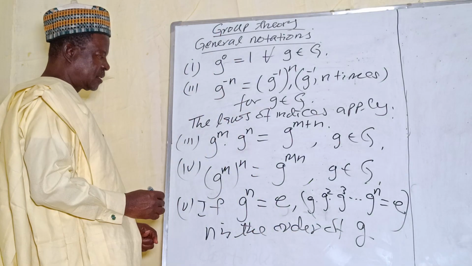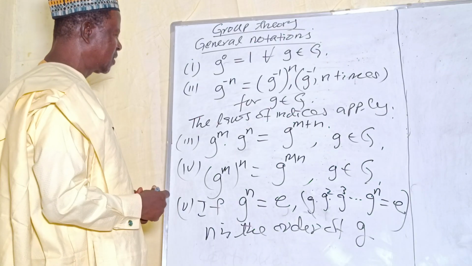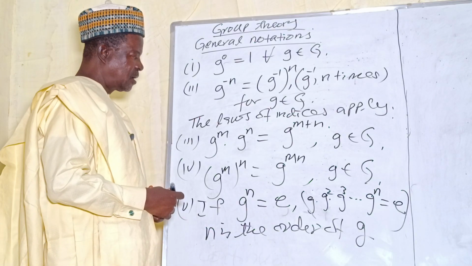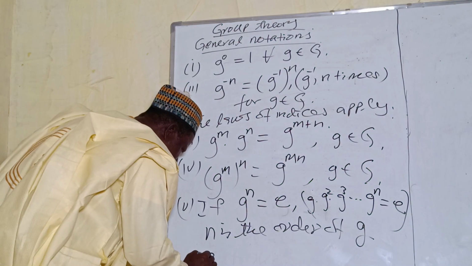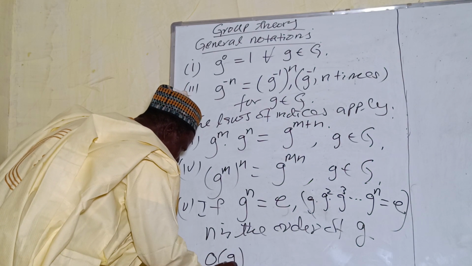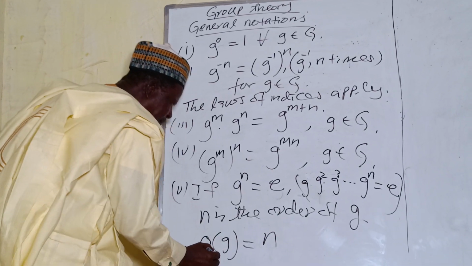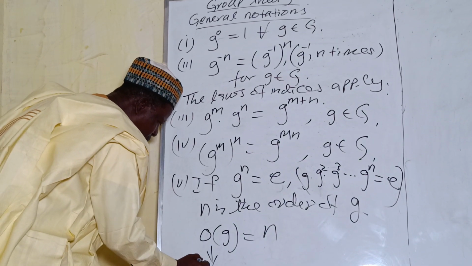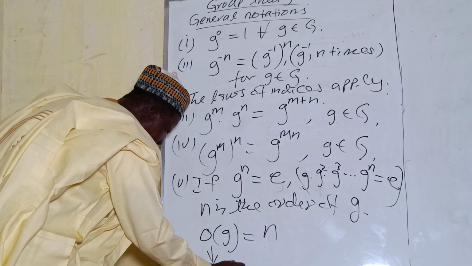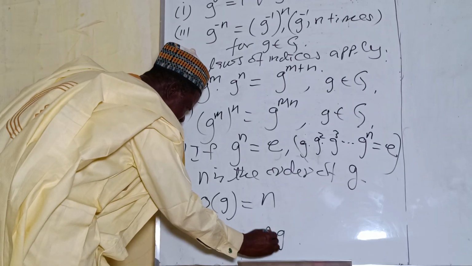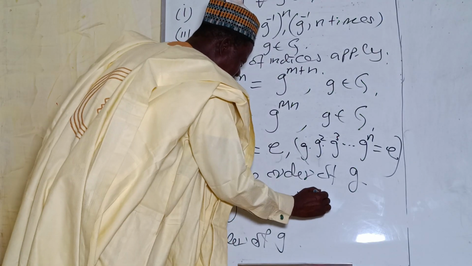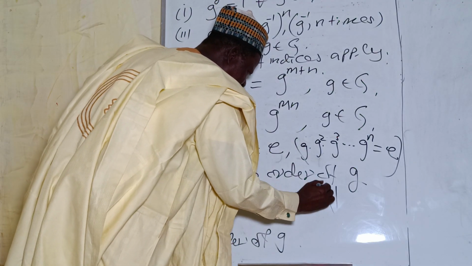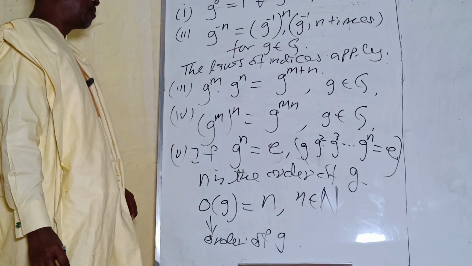So that means the number of elements generated by g, actually g generates a group, and the order is actually n. So we write O(g) is equal to n. And by O(g) we mean the order of the element g, okay, where n of course is a natural number, okay.